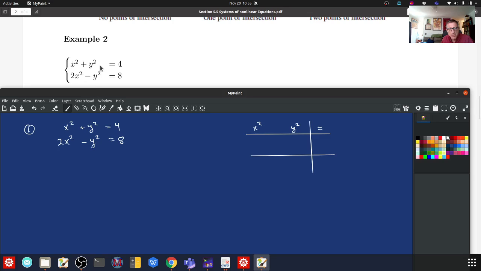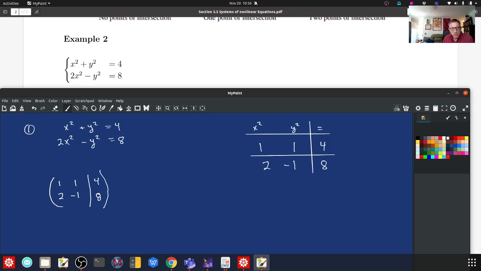So my first row is 1 and 1 and 4. And here I have 2 and minus 1 and 8. So that leads to the following matrix: 1, 1, 2, minus 1, and 4 and 8.